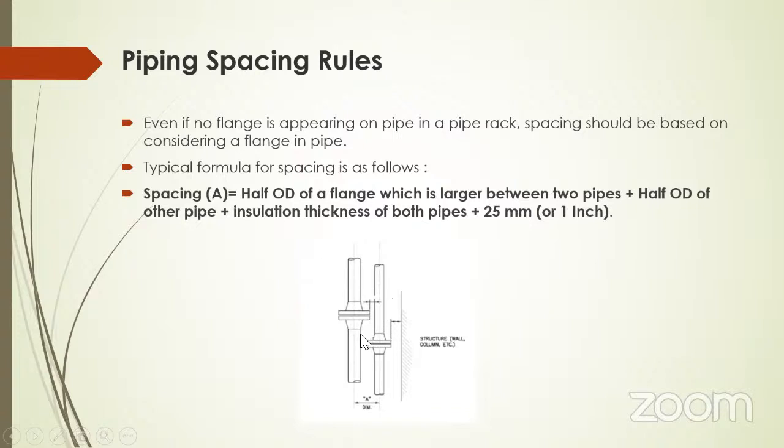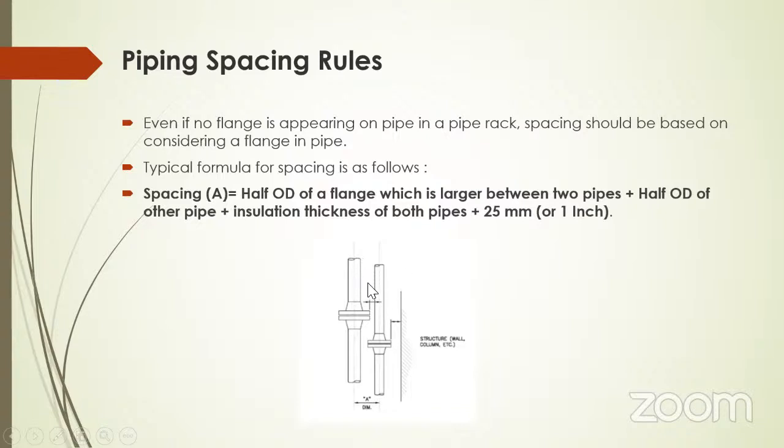Even so, how to calculate the distance between these two pipes: half OD of the flange which is larger between the two pipes, this flange dimension we know, plus half OD of the other, smaller pipe, plus insulation thickness of both pipes. If both pipes are insulated, mostly if a steam line is going nearby, another steam line will preferably go.